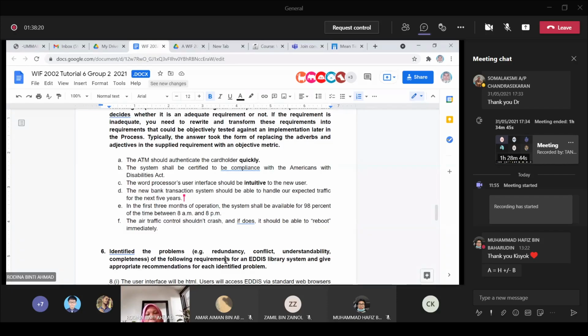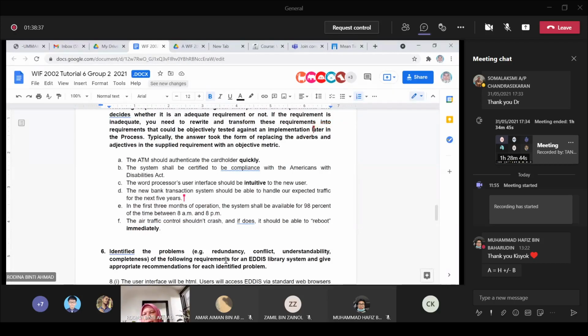And it should be rebooted immediately. Also, it's not a good word because it's very ambiguous. So it should be rebooted within 2 seconds or within 2 minutes. You can mention that as well. So the first one, the air traffic control shouldn't crash, is not acceptable.